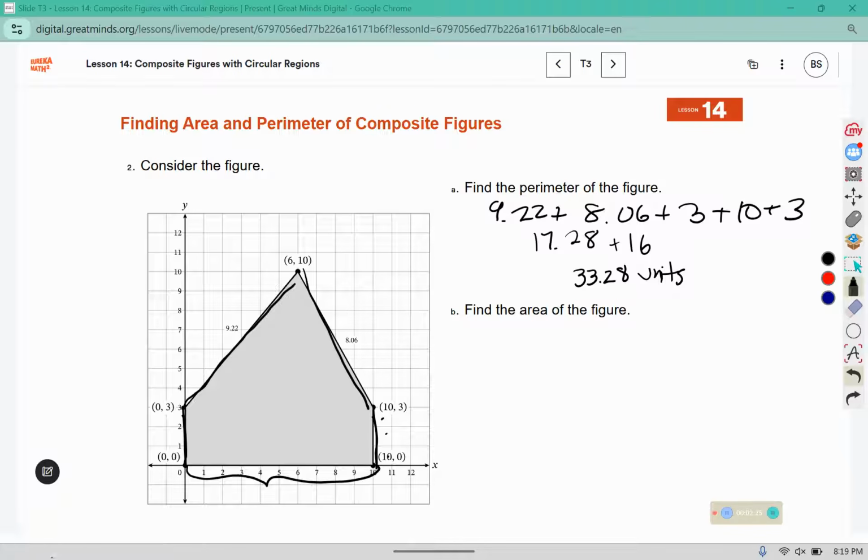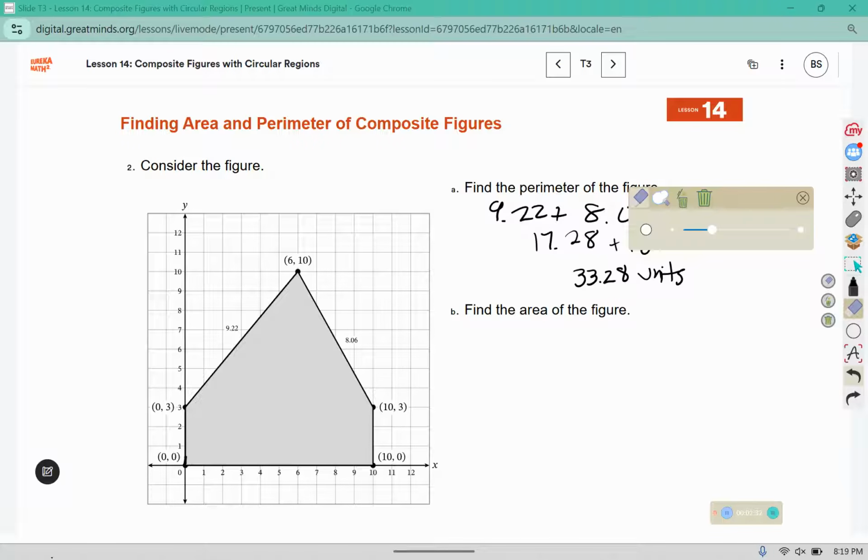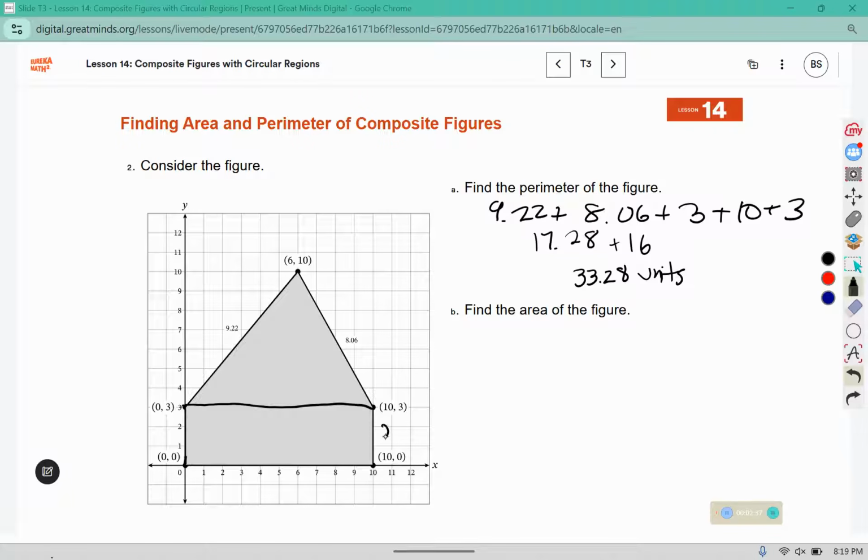Then find the area. So we're going to break it up into parts that we know. Here I can cut it across to form a rectangle that is 3 by 10. And then I also have a triangle here that has a base of 10 and then a height of 1, 2, 3, 4, 5, 6, 7.